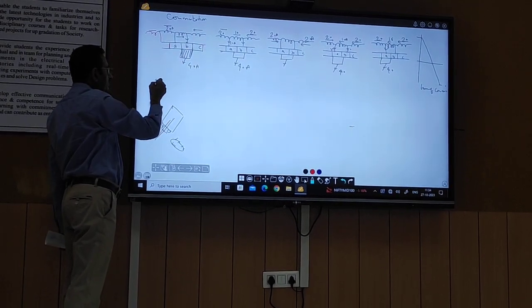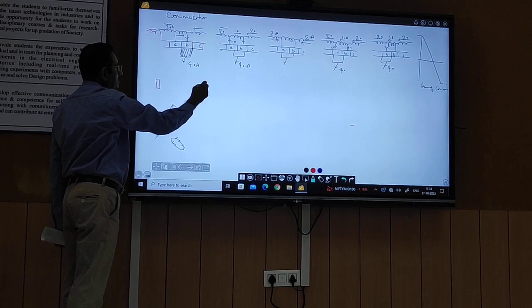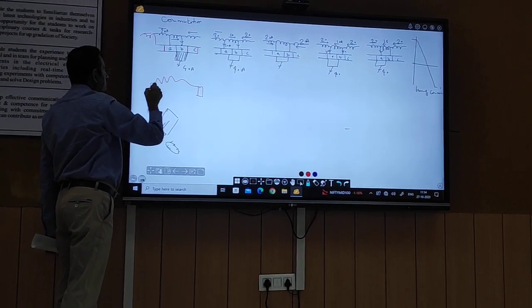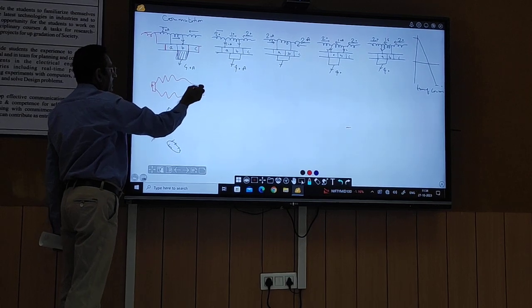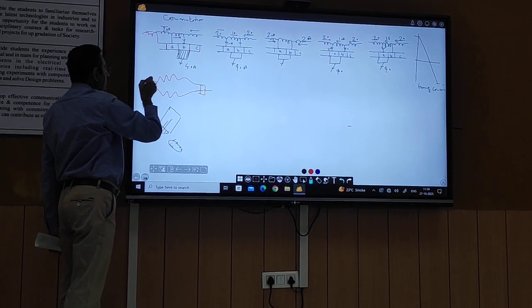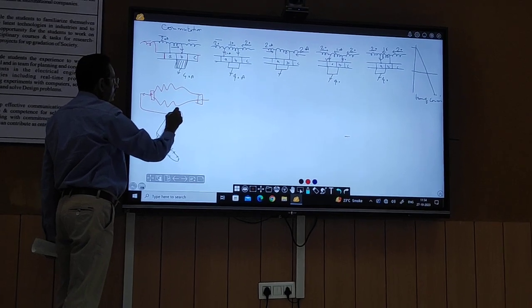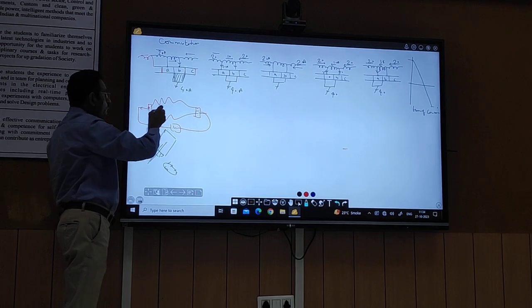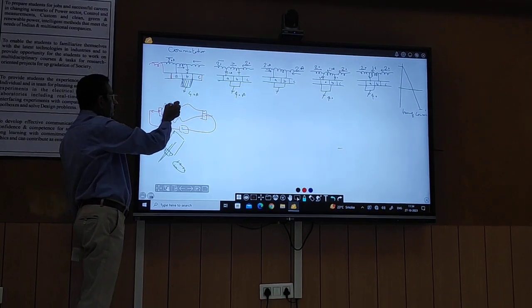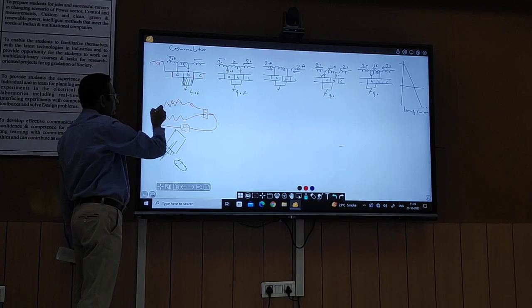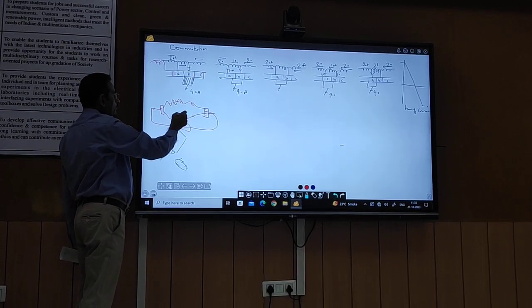If you remember, yesterday we described it like this: positive brush, negative brush, and the winding is like this. Current is coming out from here. This is a load. From the load, current is going like this. This is minus. In this way, current flows. Say 20 ampere current here, 20, 20, 20, and finally 20, 20.